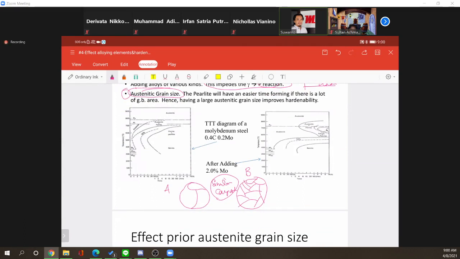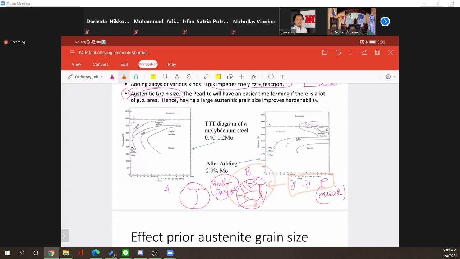So austenite to pearlite is something you should avoid. Austenite to pearlite is easy if you have a smaller grain size, which means many boundaries. Many boundaries mean that pearlite will be initiated here. That's easy if you have so many grains. For you to have this transformation, it occurs more easily when you have this microstructure.